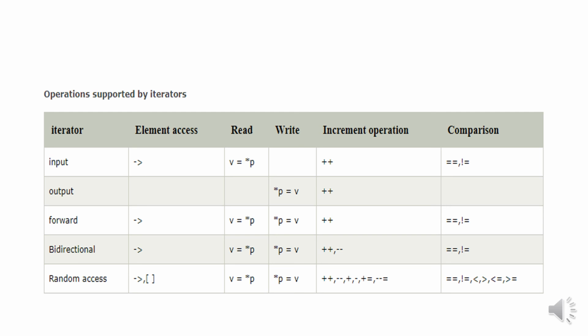Bidirectional, friends, I already said that it takes the features of forward and extends the forward iterator. It goes forward as well as backward. And random: the additional feature of random is that it performs pointer addition and goes to random access of the container element.